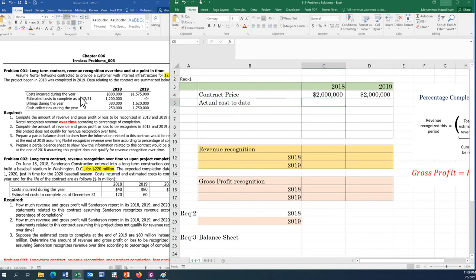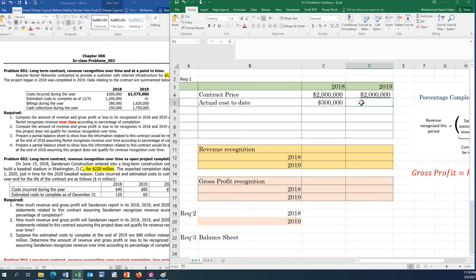What is the actual cost to date? The cost incurred is the actual cost to date. This one is 300,000, and in 2019 they have spent 1,575,000. See that? Let me use the underline.